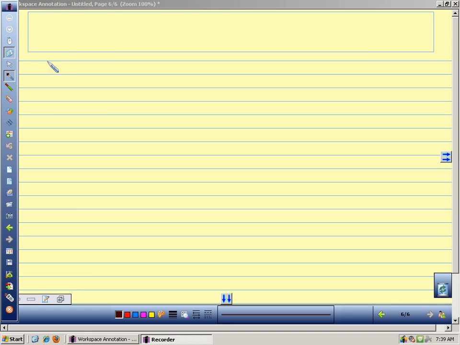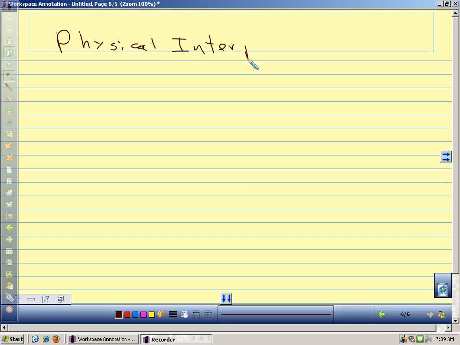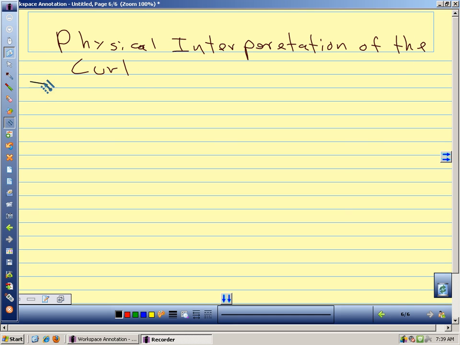So we're going to do something similar with the curl. So it only took us all chapter to get to an interpretation of something that we could calculate in the first section.